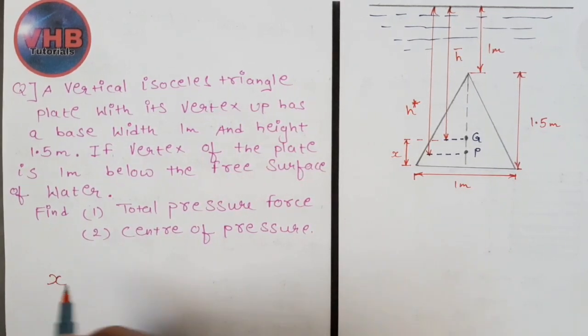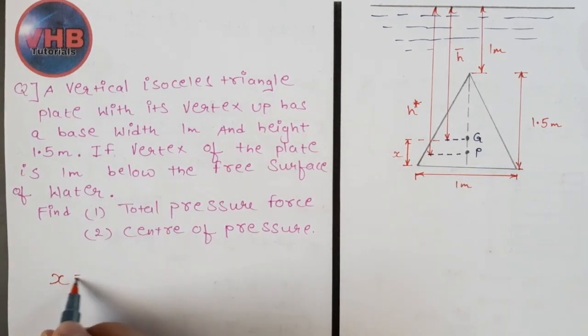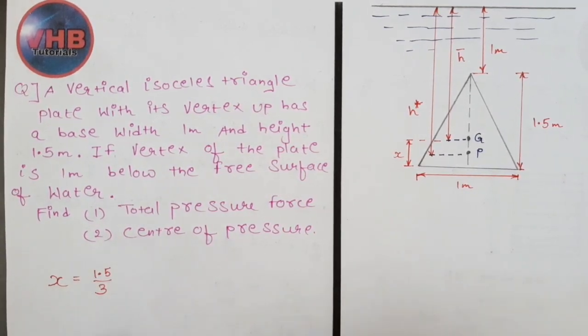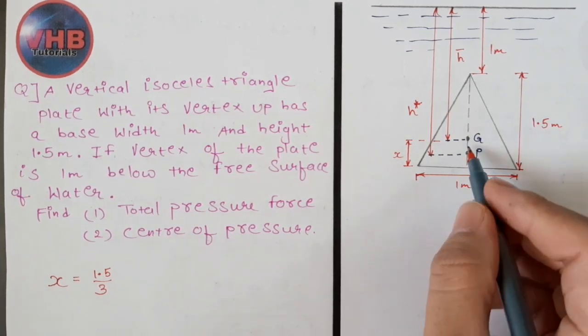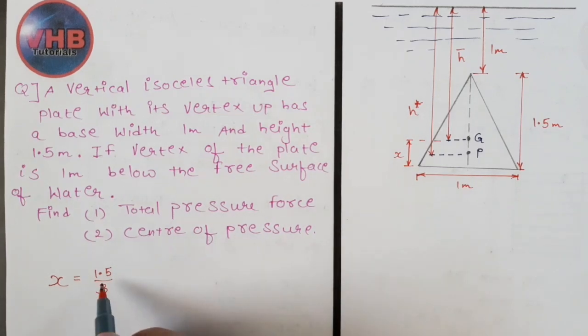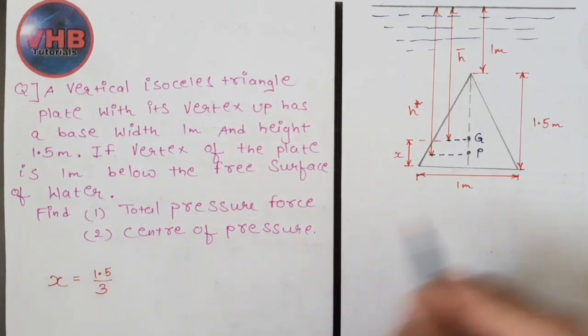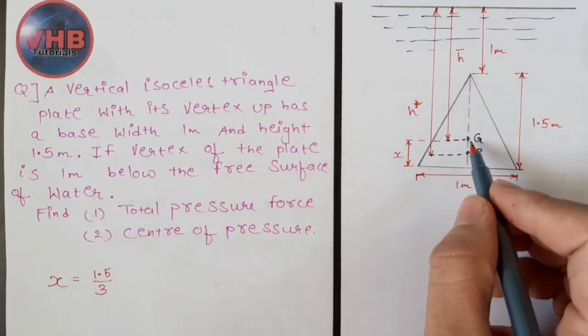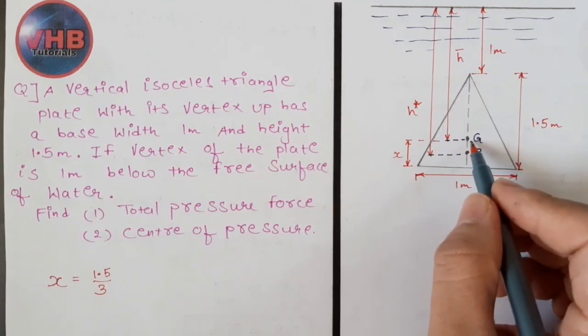That means x will be equal to 1.5 divided by 3. If we travel the distance 1.5 divided by 3 from the base towards the free surface of the liquid, then we get the centroid of the plate.